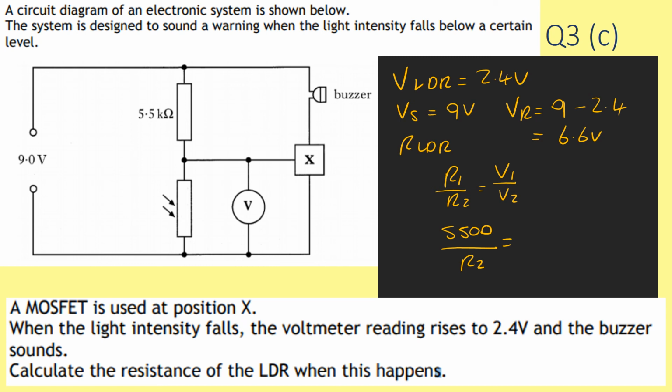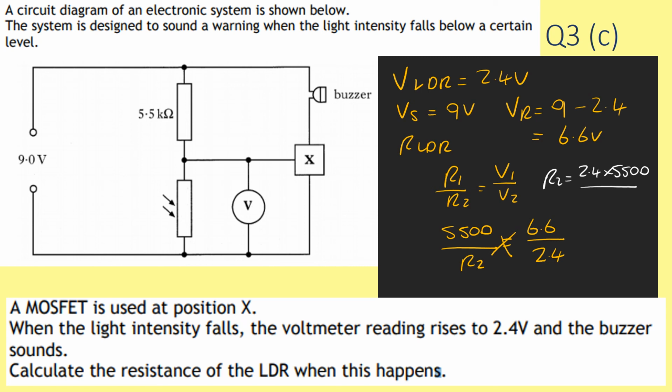Voltage 1 is the voltage across the 5.5K resistor, which is the 6.6 volts we just calculated. And the voltage across the LDR is 2.4. We then need to cross multiply.